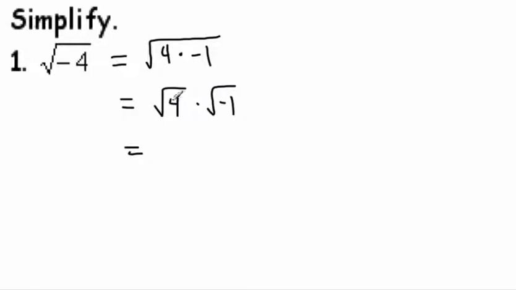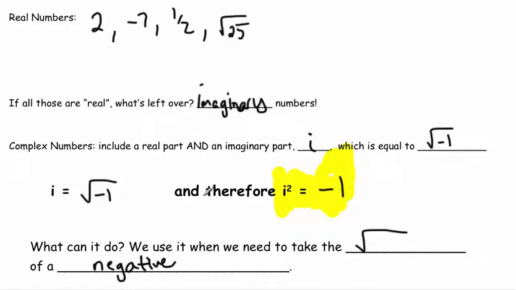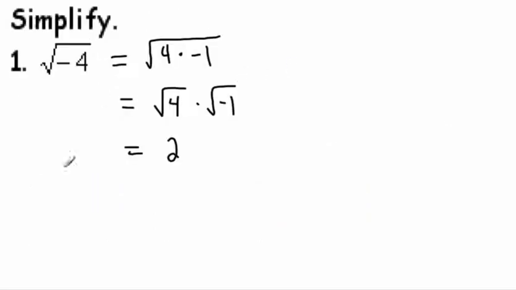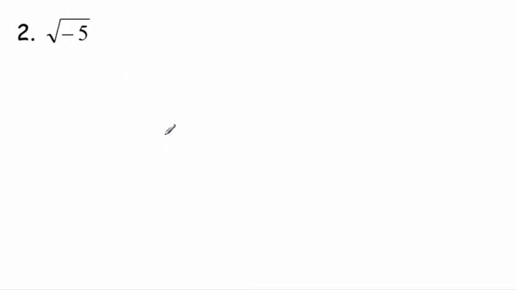The square root of 4, you should know to be 2, and we just said that i is the square root of -1. So this is 2 times i, and then finally, I'll just write that as 2i. So that's how we can use it to simplify negative square roots.